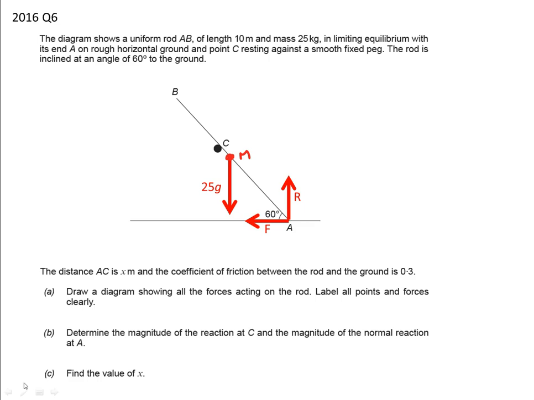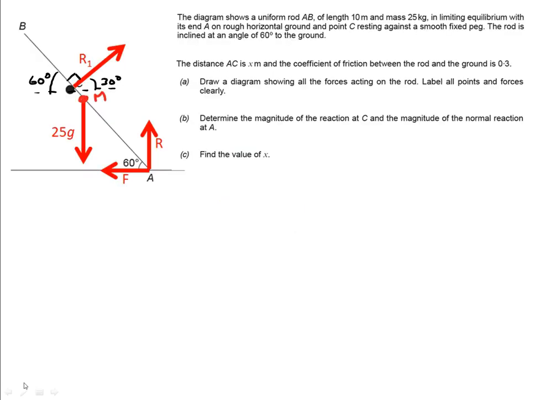And there will then be a normal reaction at C. Since the peg C is smooth, there will be no frictional force at C. So we've got our normal reaction, which we've labelled R1, acting at C. So there's our force diagram.